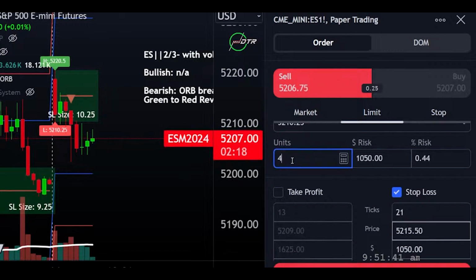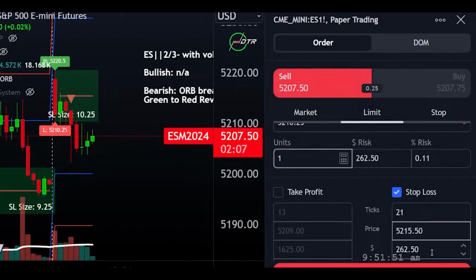So if I want to buy 4 contracts, let's work backwards now from that point, okay? I know now one contract costs me $262, and I know that my max loss that I'm willing to take per trade is about $1,300. Then I can do two things, right?